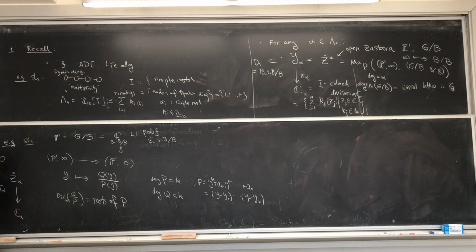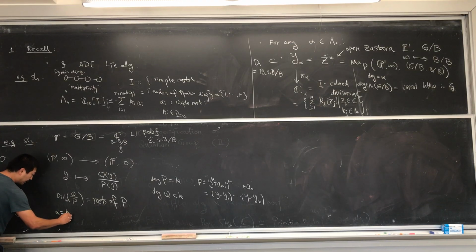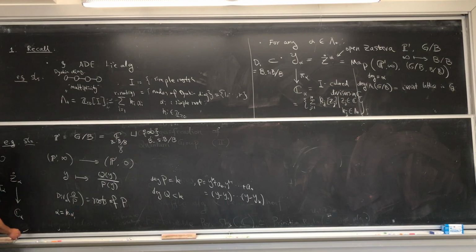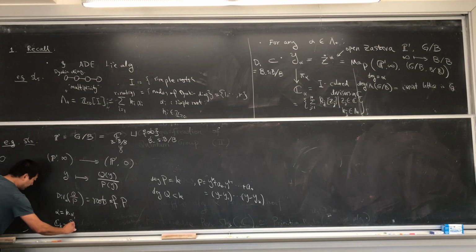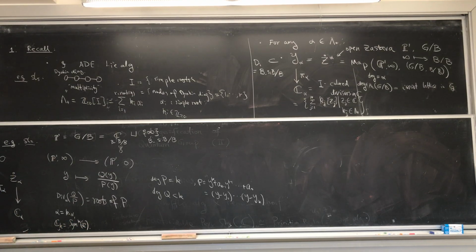So say alpha is K times alpha 1, and C alpha is Sym^K of C. And the map is sending Q mod P to the roots of P with multiplicities.